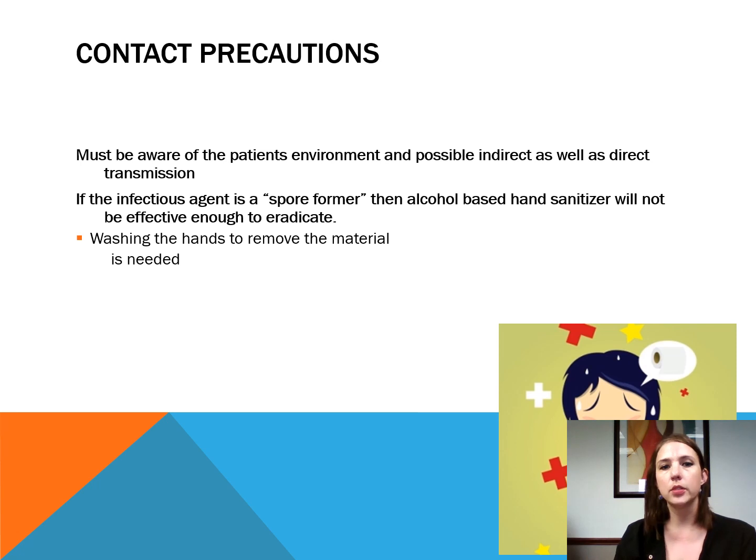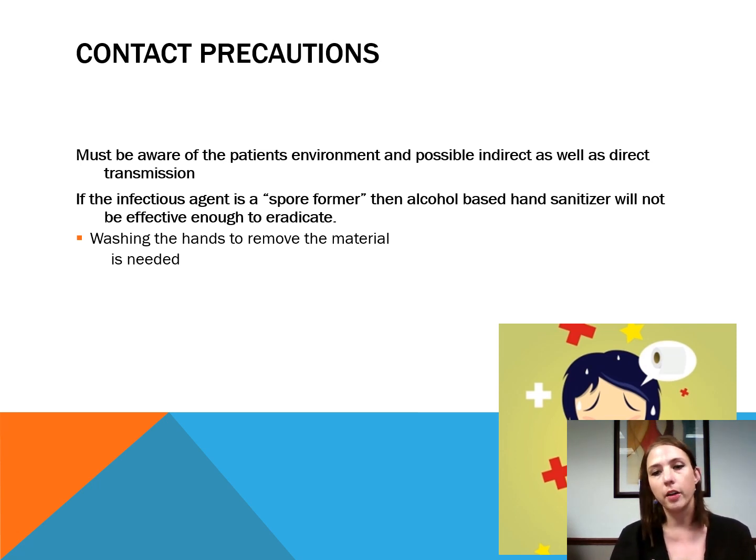C. diff is a little different in that it is considered a spore former. And so it's very difficult to kill. C. diff stands for Clostridioides difficile, which is Latin. Difficile meaning it's very difficult to kill. The alcohol-based hand sanitizer does not kill it. And neither does soap and water. So what happens when you perform hand hygiene with soap and water is that it's washed off the surface of your hand and it goes down the drain.